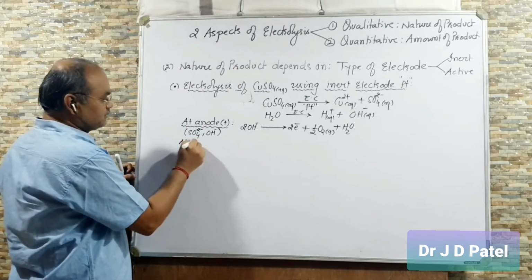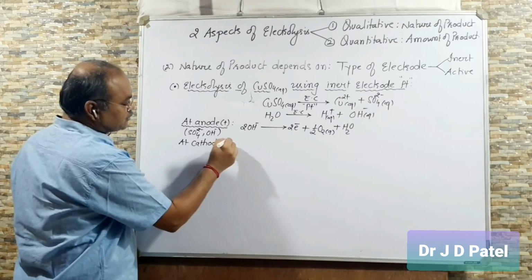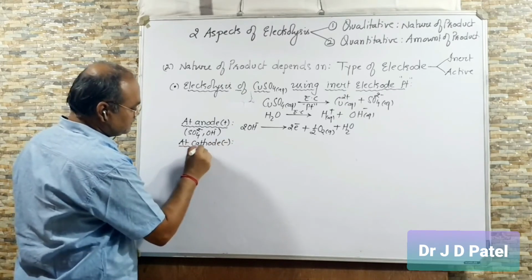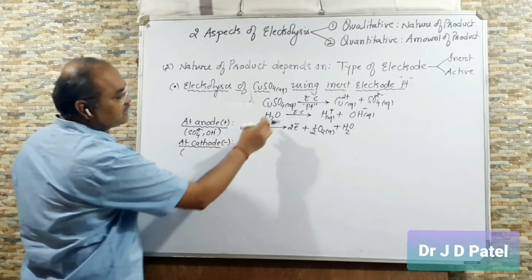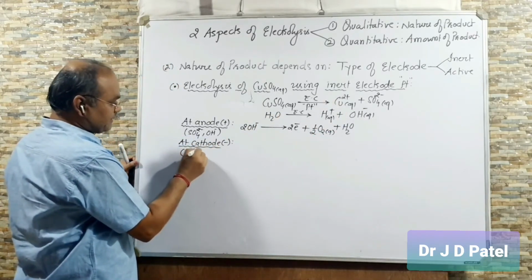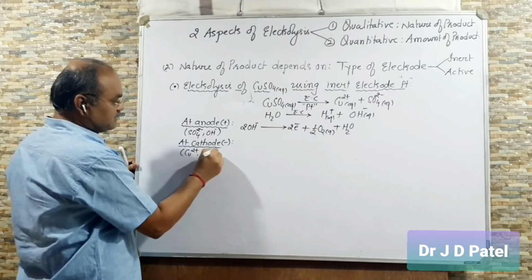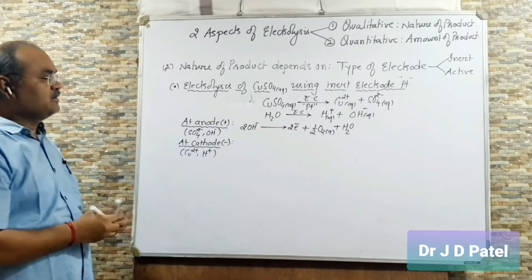At cathode, cathode is negative. Again here, at cathode, Cu2 plus is attracted and H plus is attracted. Right?